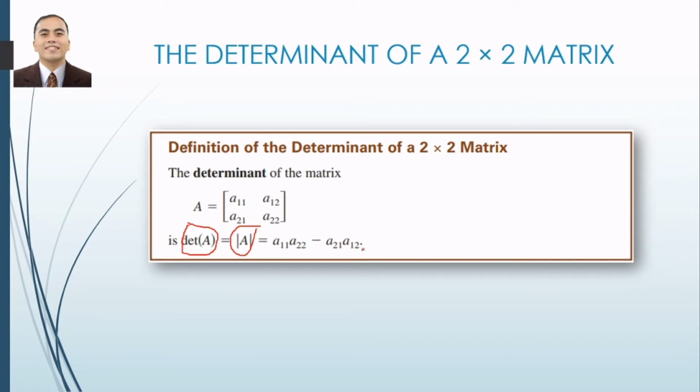So given matrix A, which is A sub 1 1, A sub 1 2, A sub 2 1 and A sub 2 2, to find the determinant of the matrix, this is the formula: A sub 1 1 A sub 2 2 minus A sub 2 1 A sub 1 2.